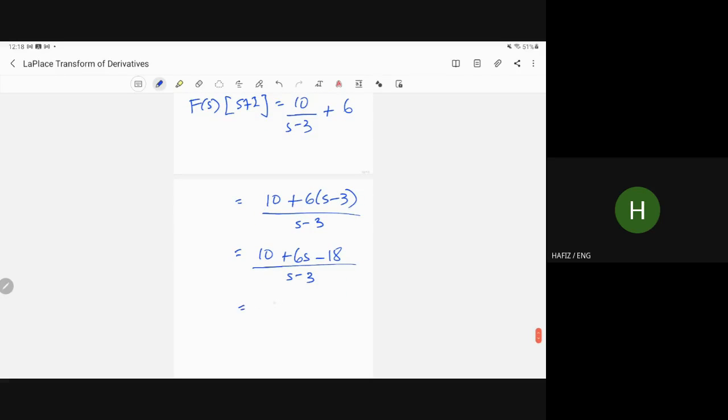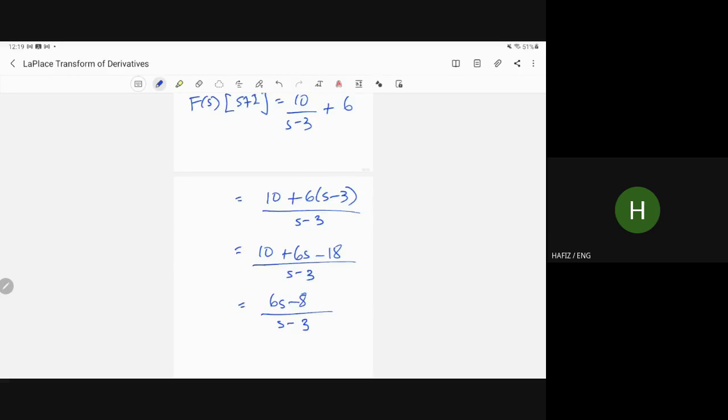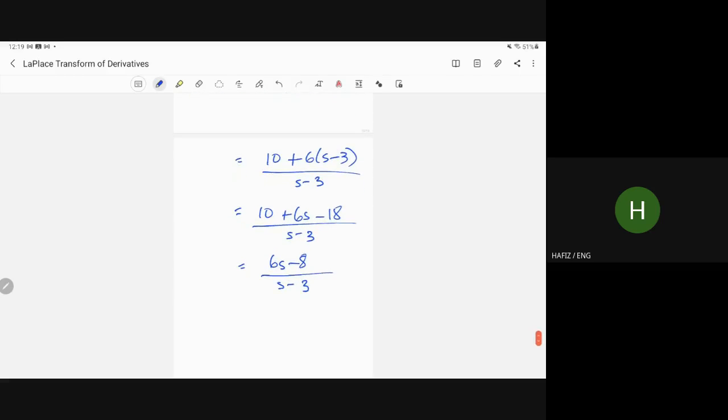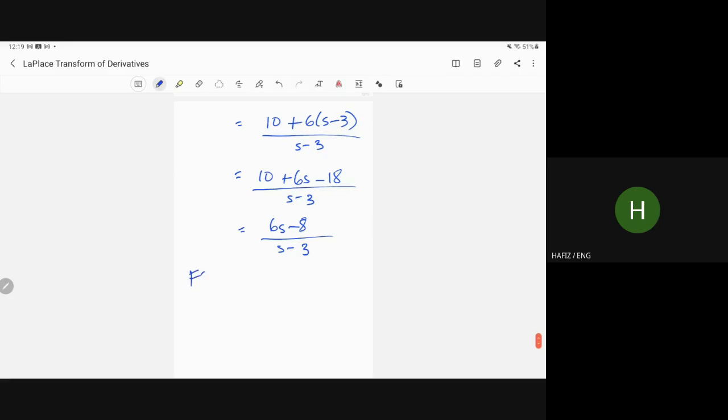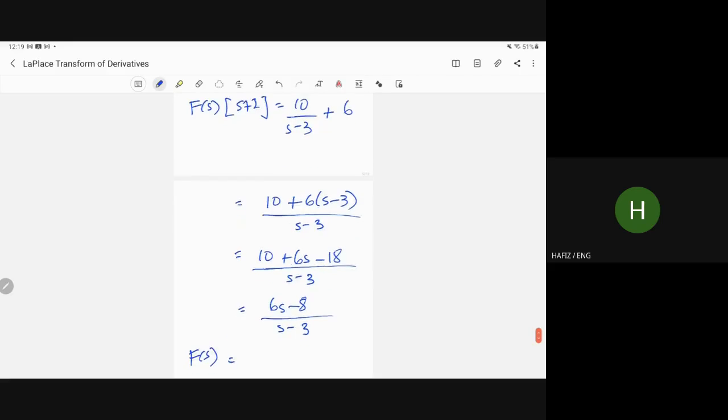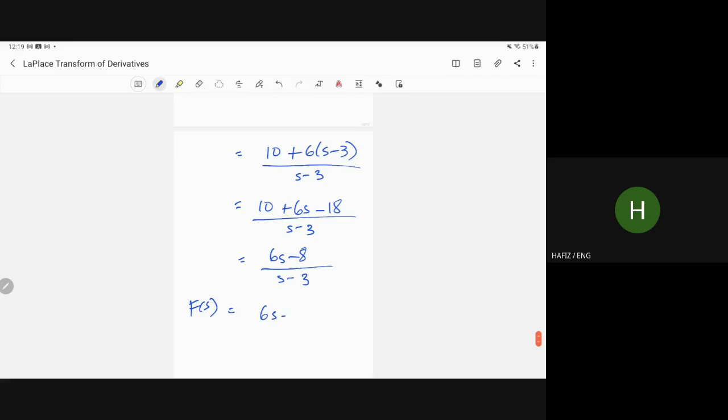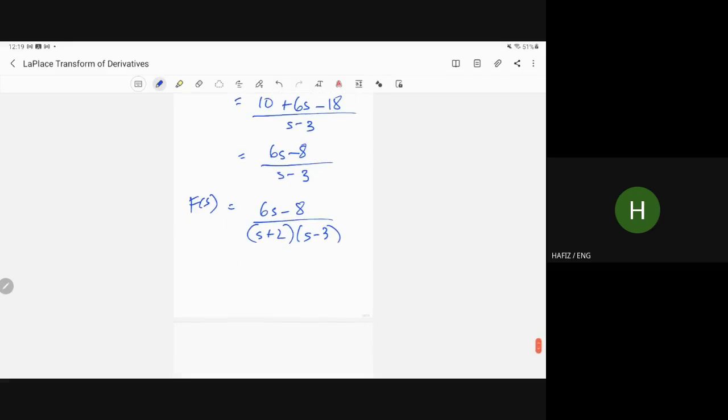So that will give you 6s minus 8 over s minus 3. And if you want F(s), you can bring down the s plus 2, so you will have (s plus 2)(s minus 3). Okay, so this is your F(s), which later, once you do the inverse Laplace, you can get the solution in time domain.